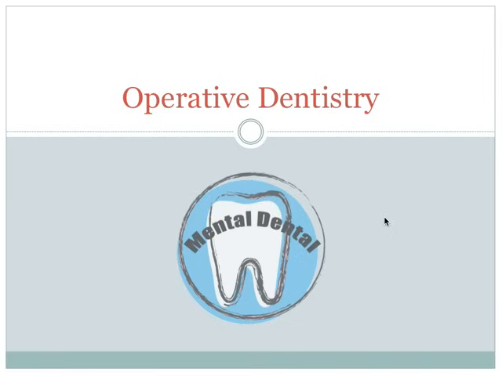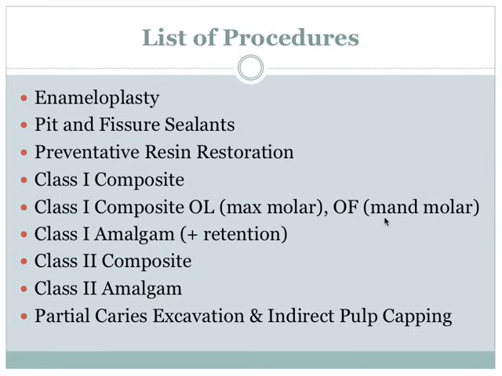So, in this video, I'm going to give you a quick overview of operative dentistry, some of the instruments and materials used, some of the procedures, and some important terms along the way. So, here's a list of some common procedures done in operative dentistry.